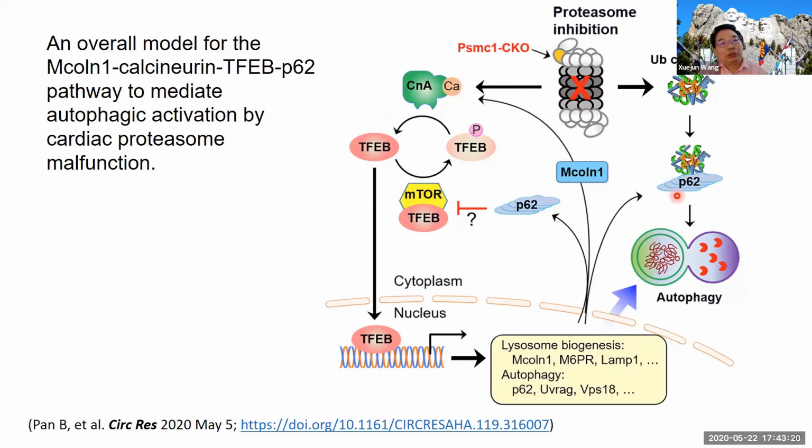Of course, P62 will mediate the protein aggregation and also recruits autophagy to remove ubiquitinated protein aggregates.